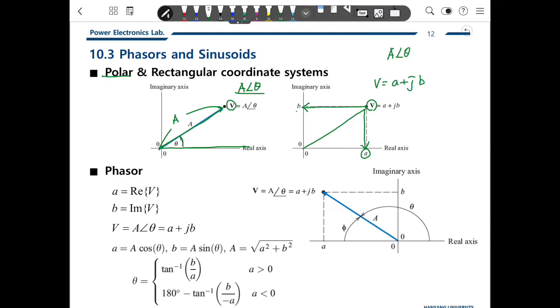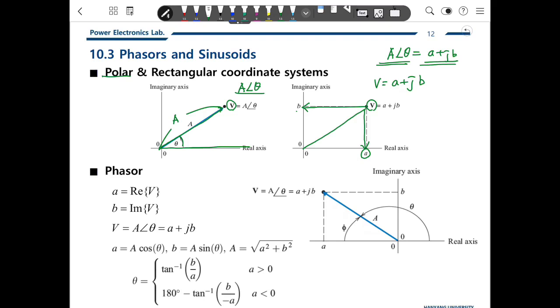So A angle theta is the same as A plus jB, but the representation is different. One is represented in the polar coordinate system, and the other in the rectangular coordinate system. The same vector, but the name is different based on the coordinate system.